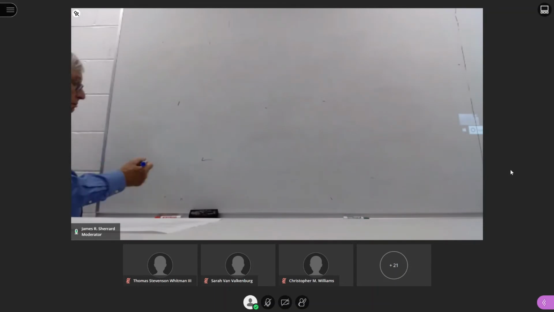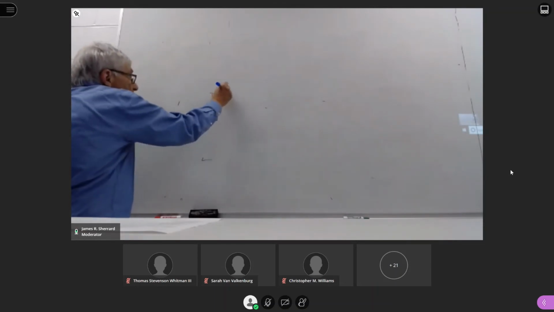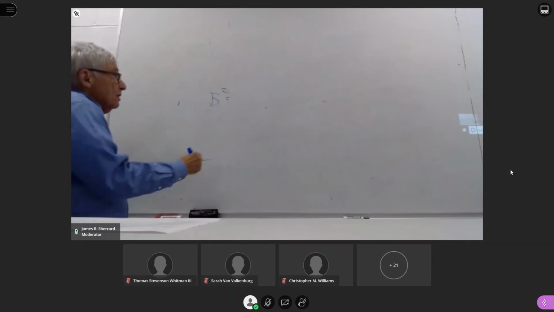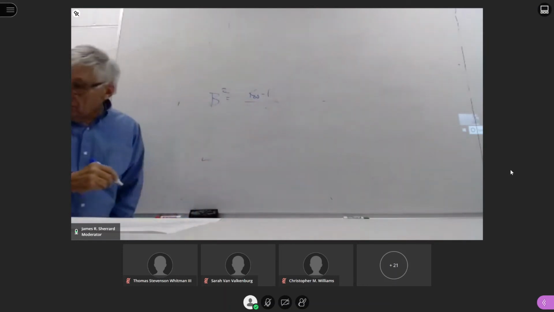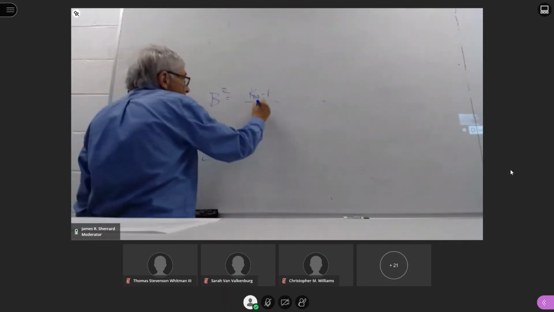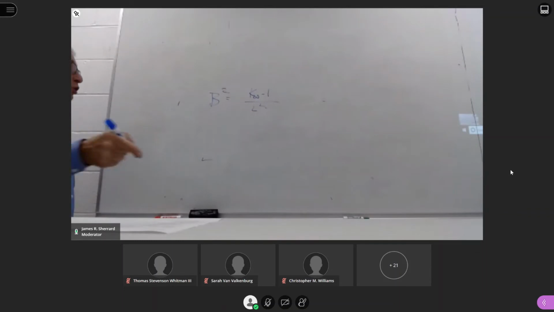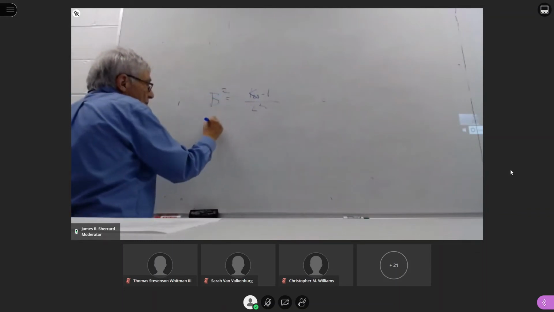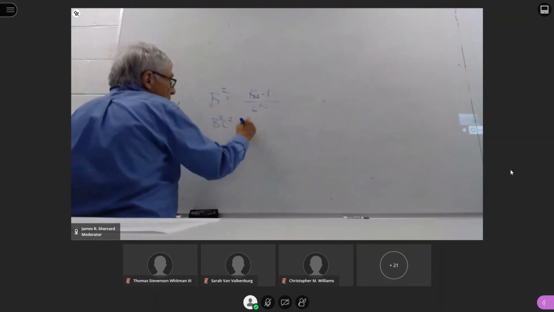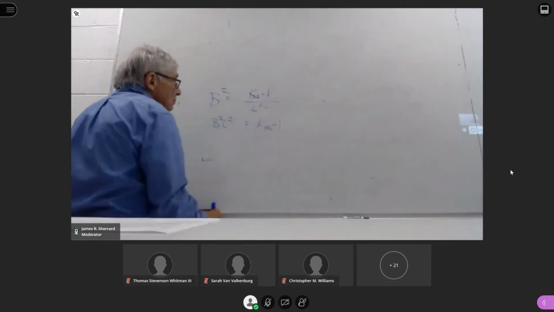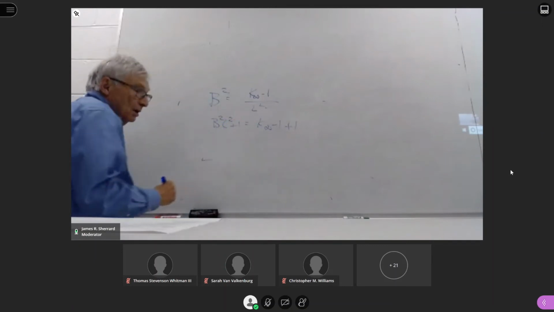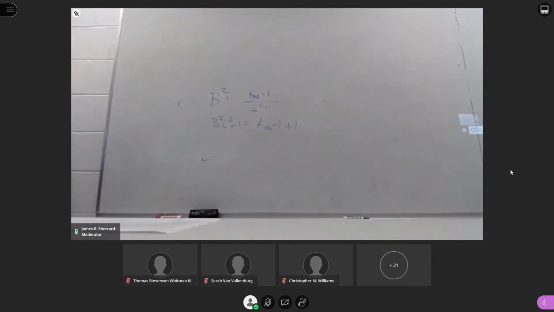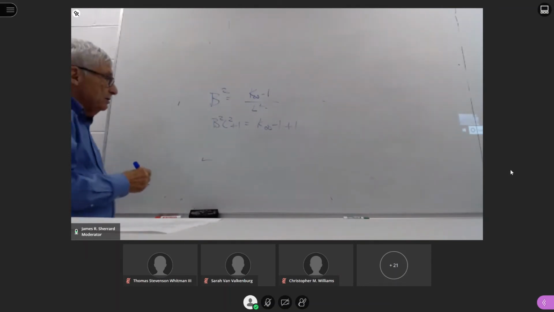If you go back to the definition of buckling squared, if you cross multiply, if you then add 1 to both sides, we haven't really changed anything yet.